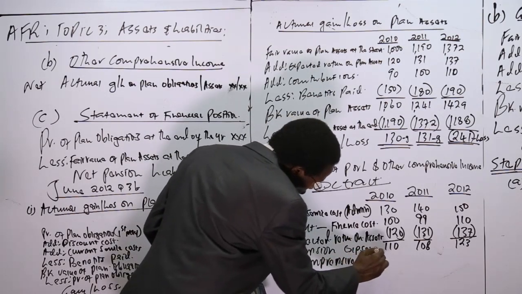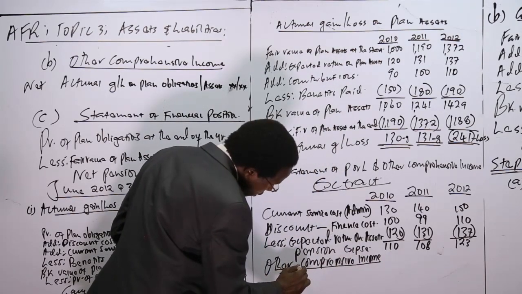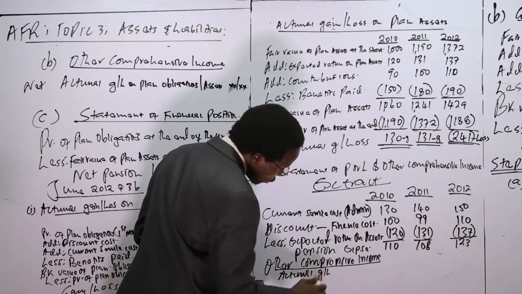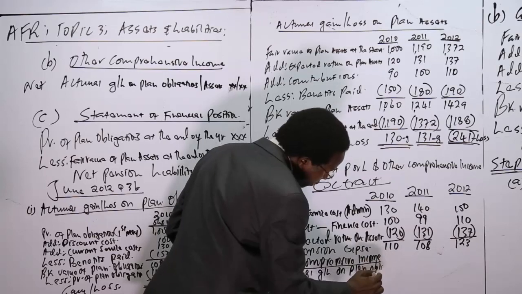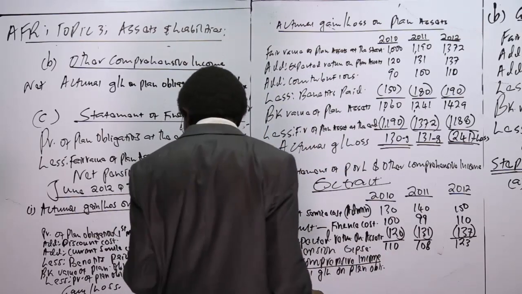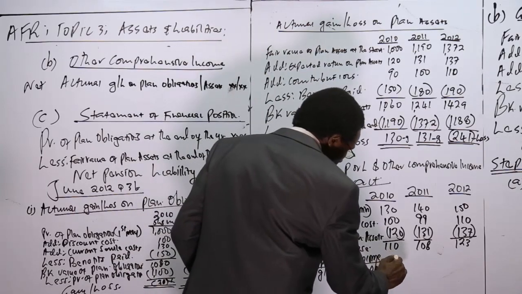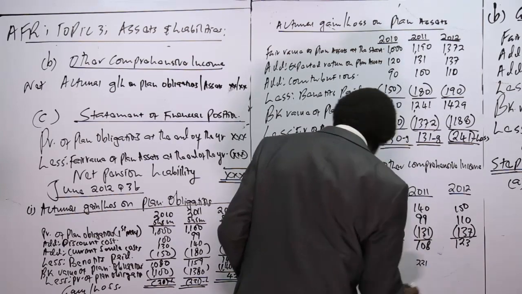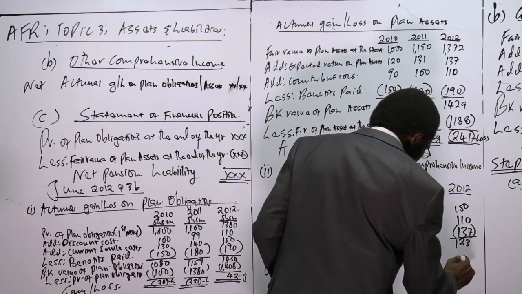Then we add other comprehensive income. We have the actuarial gain or loss on plan obligation, and we can put a note: there was a 20 which was a loss, there is a 221 which is a loss, there is a 42 which is a gain.